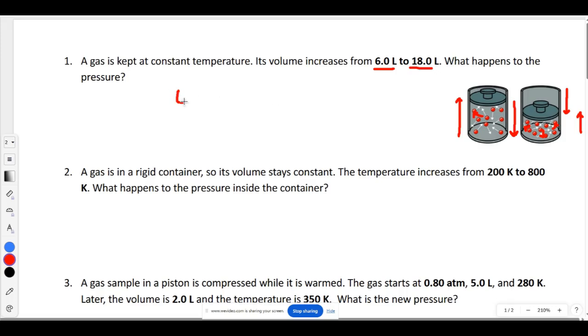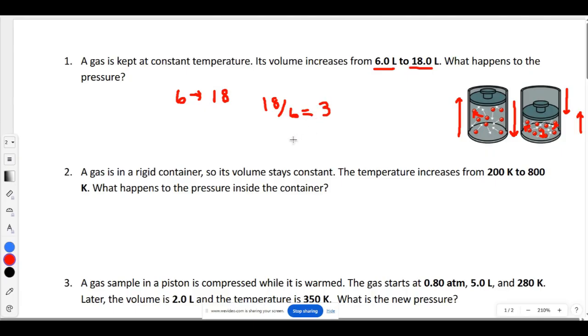So the volume went from 6 to 18. How much more is 18 than 6? Well, you can do 18 divided by 6, which equals 3.